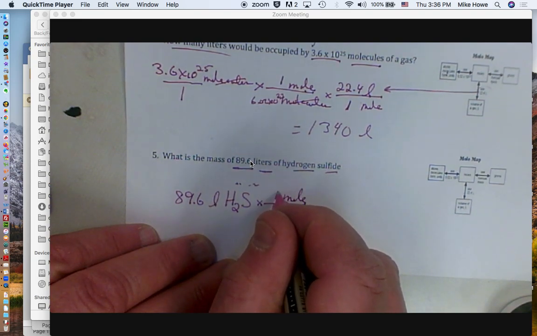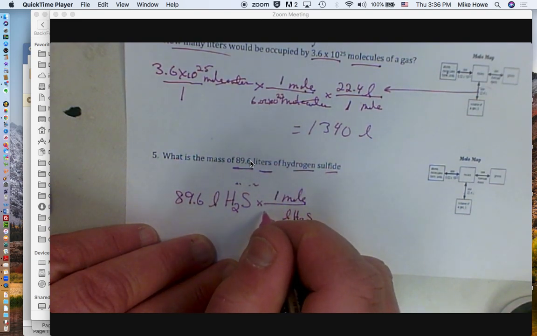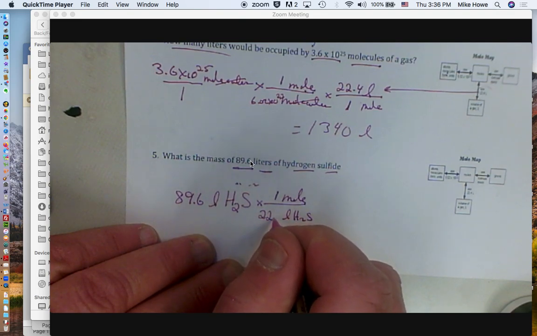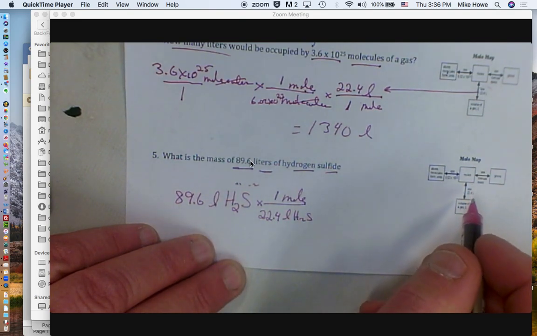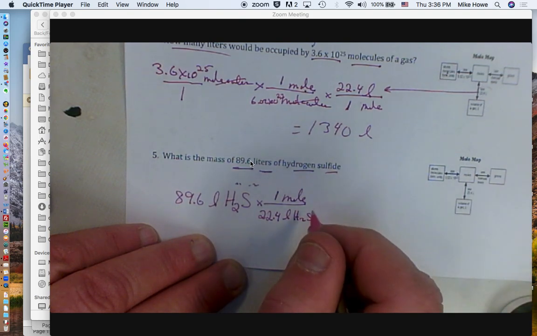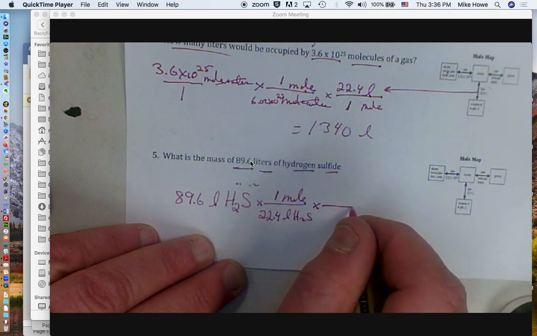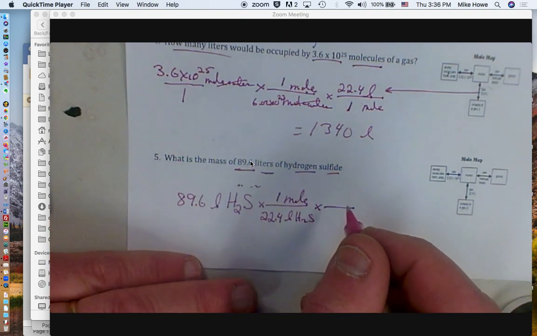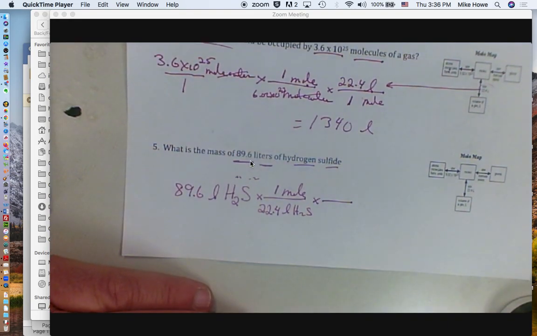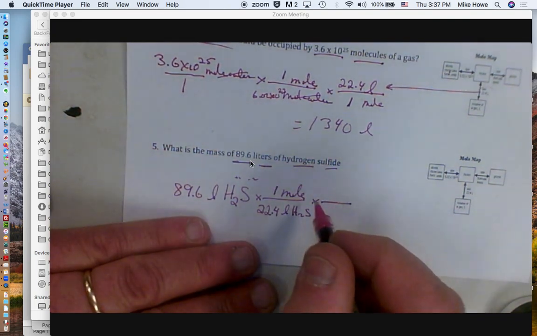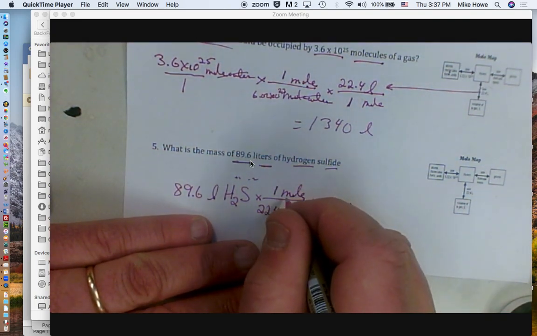So 1 always goes in moles, and the number of liters in a mole never changes. It's always 22.4. Well, it is so far. Gases, of course, are sensitive to temperature and pressure, so if the pressure and temperature change from standard, don't worry about that. 22.4 works. All right, so now we need to get rid of moles. So where's it going to go?